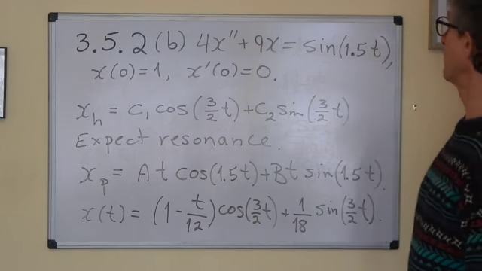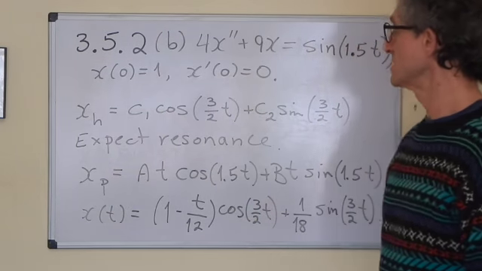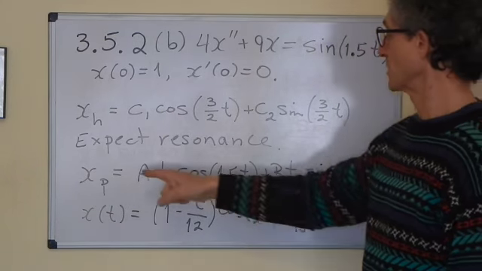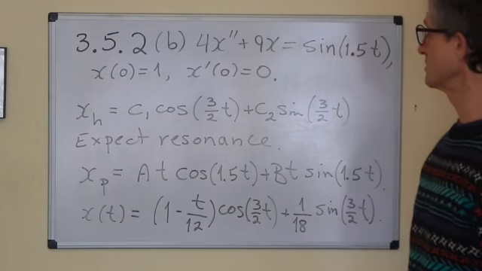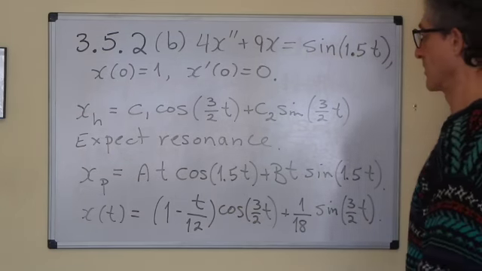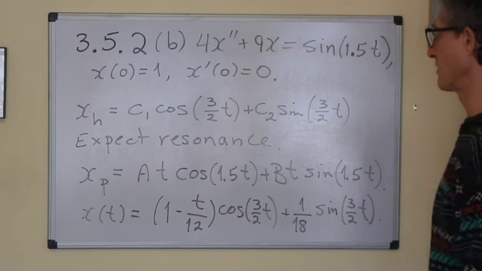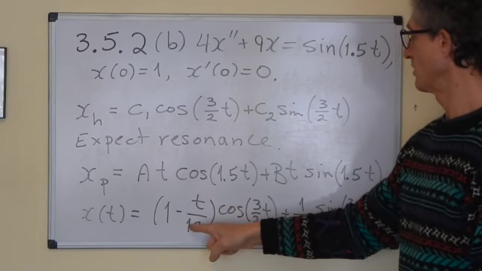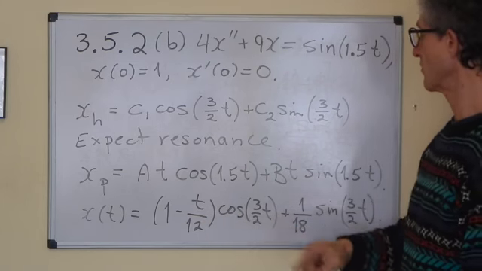Having calculated that and having plugged in the initial conditions into the particular solution plus the homogeneous solution, I get this final answer: 1 minus t over 12 times cosine.